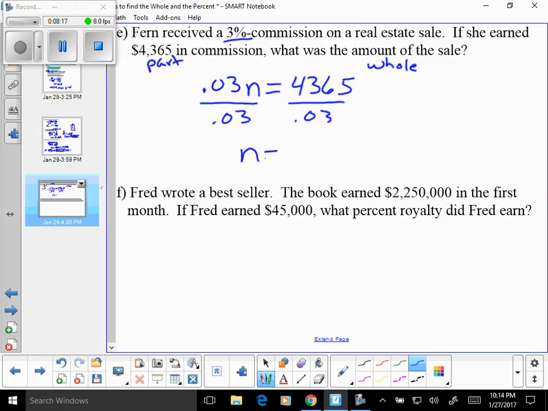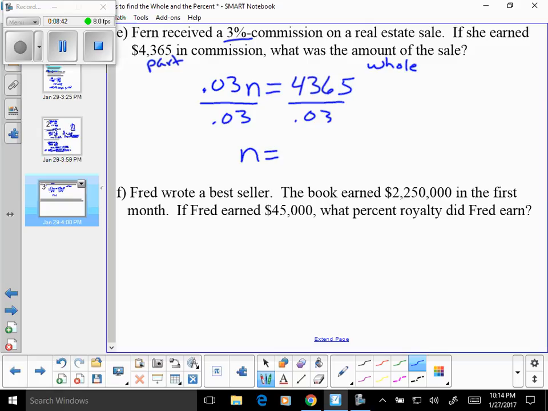Now here's where, too, you have to be thinking. You're not finding percent because they gave you the percent in the problem. Think, think, think. Are they asking you to find the percent in the story problem? No, they're not. They're asking you to find the amount of the sale. So this time, I don't use that second function key, percent key, equals, because I'm not finding percent.